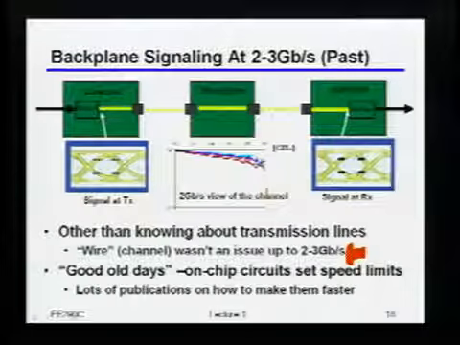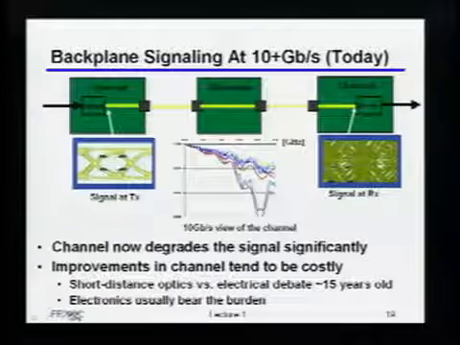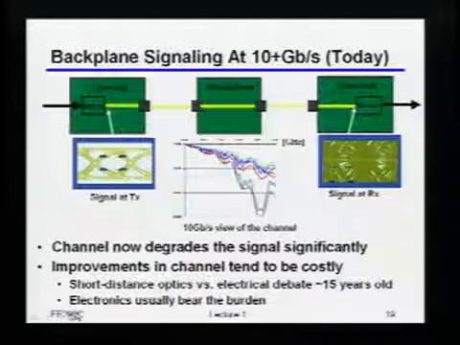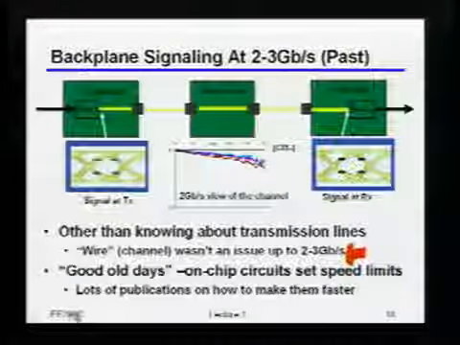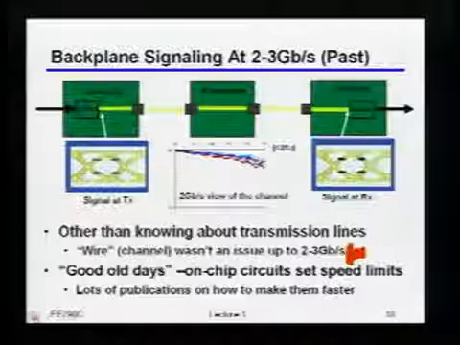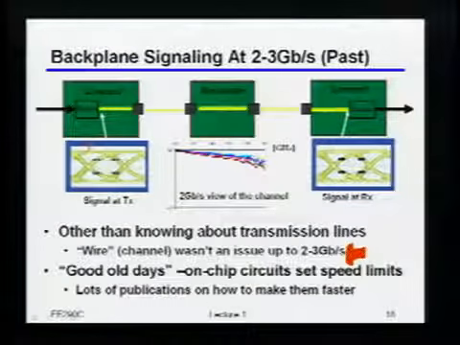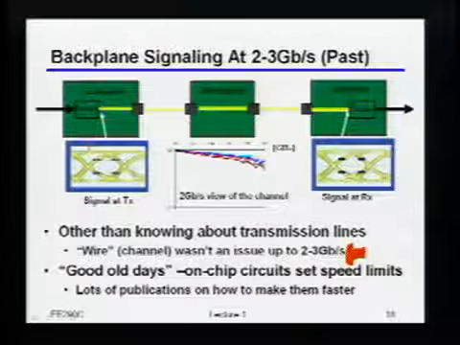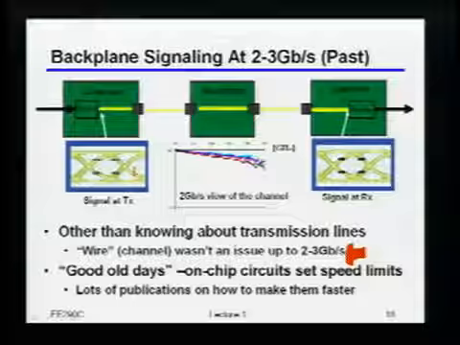Okay, so like I said, this was the good old days, but the bad news is that now that picture is not quite so nice. The big difference you should notice between this picture and this picture right here is that this one was a representation of the signal that I sent at the transmitter. For those of you who have seen it before, this was like the eye diagram at the transmitter. If you haven't seen eye diagrams before, don't worry, I'll explain what they are next lecture.